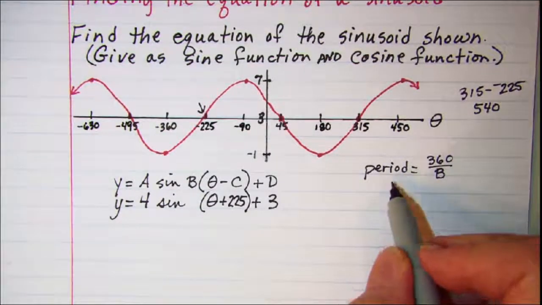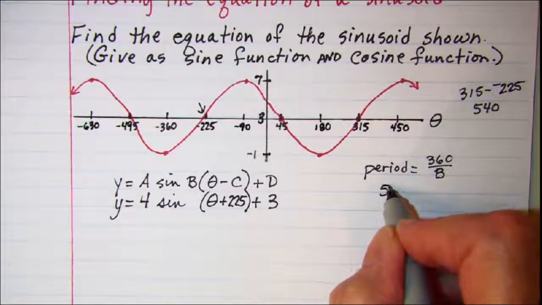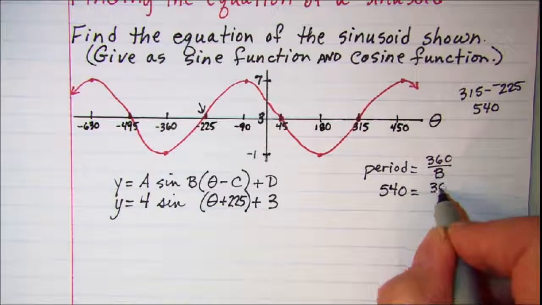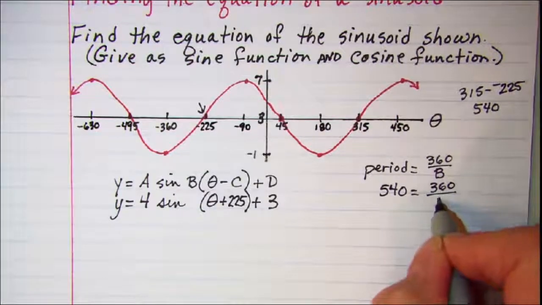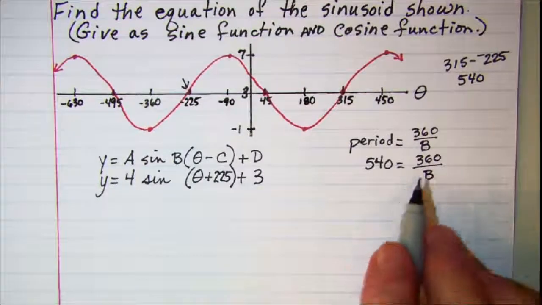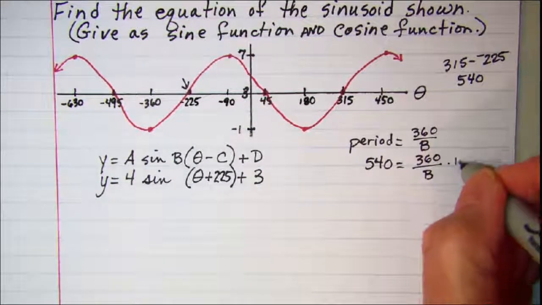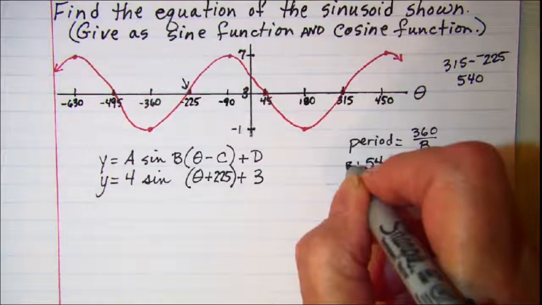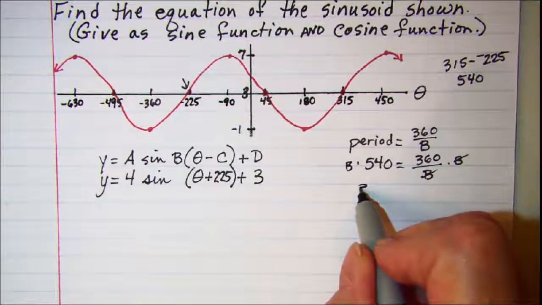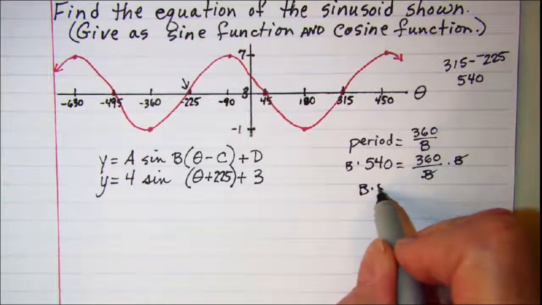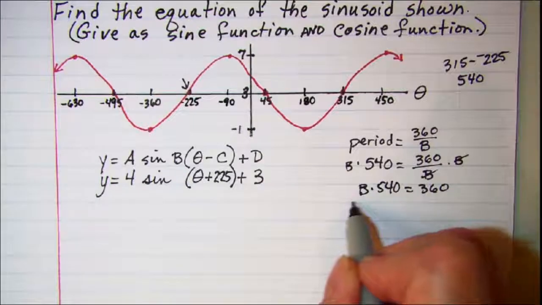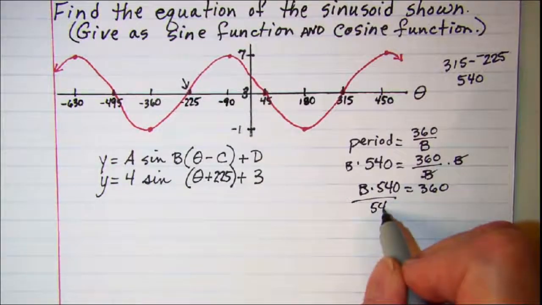So I'm going to put 540 here, and I need to find the b value that goes in my equation. So I just need to solve. Let's multiply both sides by b. The b's will cancel here. So I have b times 540 equals 360. And then divide both sides by 540.